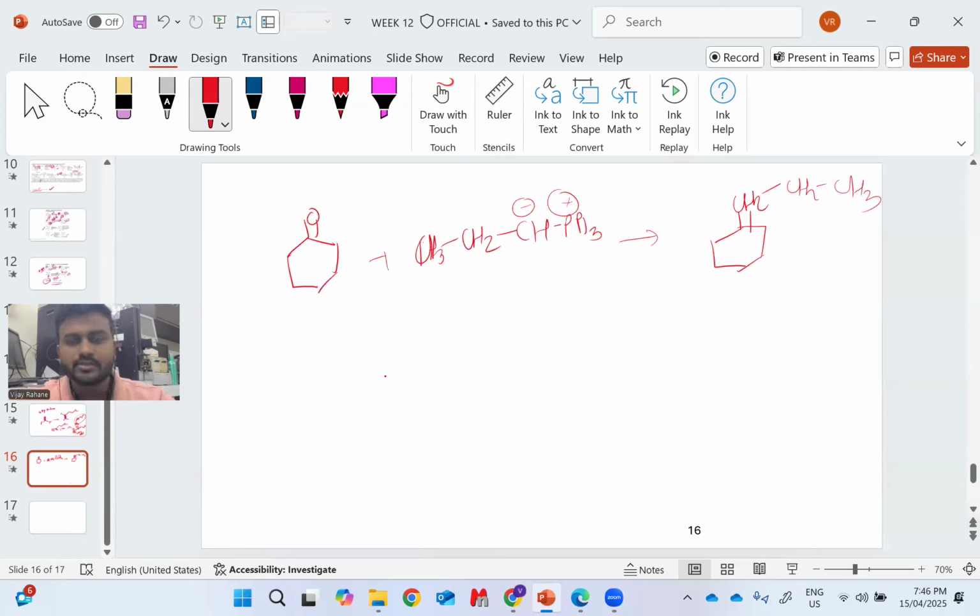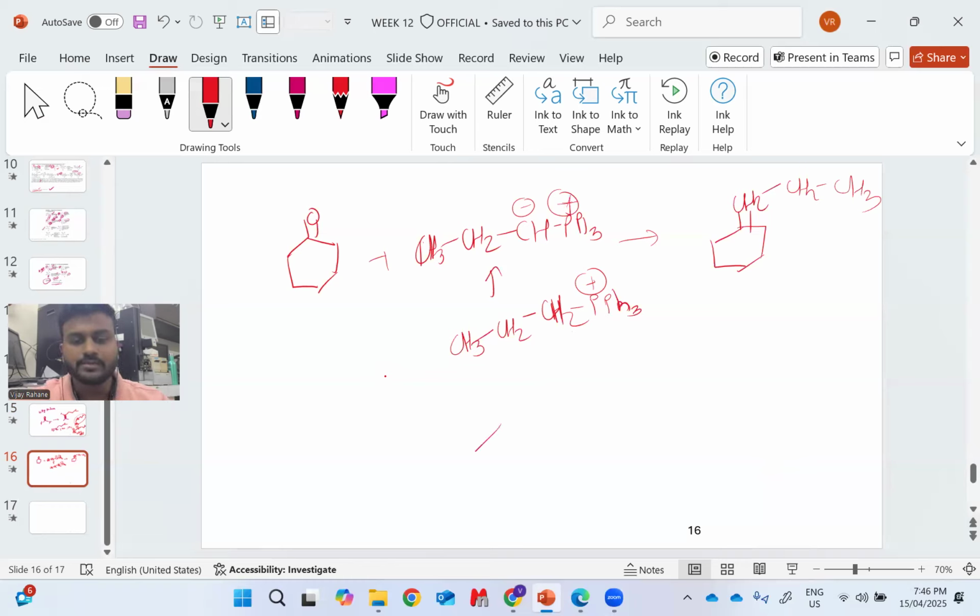Also, these salts are generally less stable, so this is generally not bench stable. But you can prepare this in situ, PPh3 plus. So upon addition of the base, the base basically abstracts the proton from here, and it forms the anion on the carbon. So basically this is the C negative and PPh3 the P positive, and this is the Wittig salt.